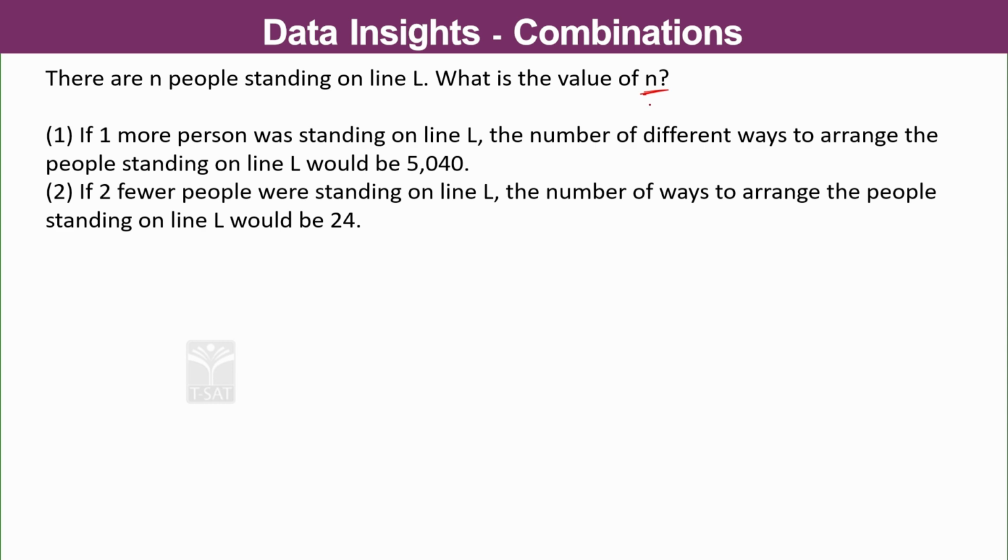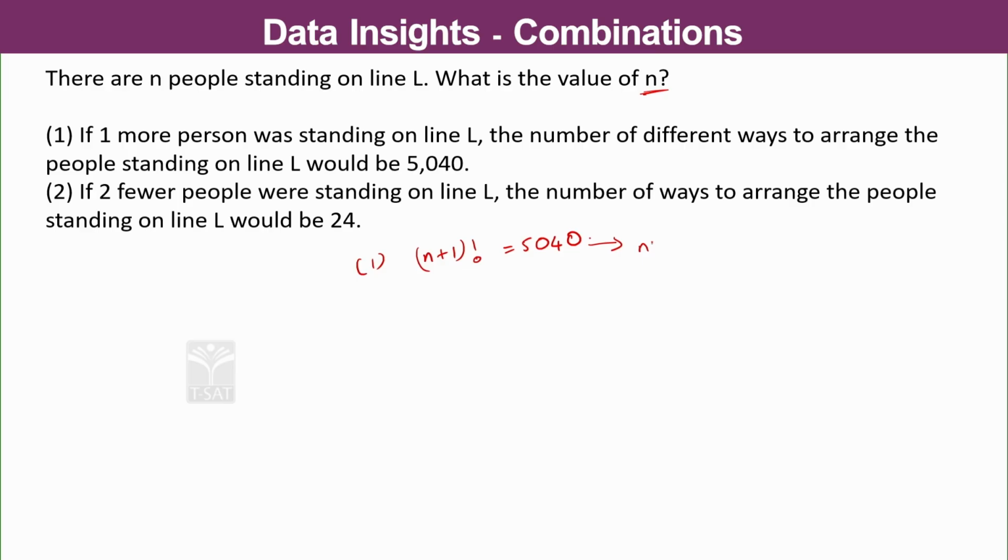Statement 1 says that if there were one more person, that means n plus 1 was the total number of people, the number of ways to arrange the people standing on the line would be 5040. So, n plus 1 factorial is equal to 5040. From here you can easily calculate what n is.